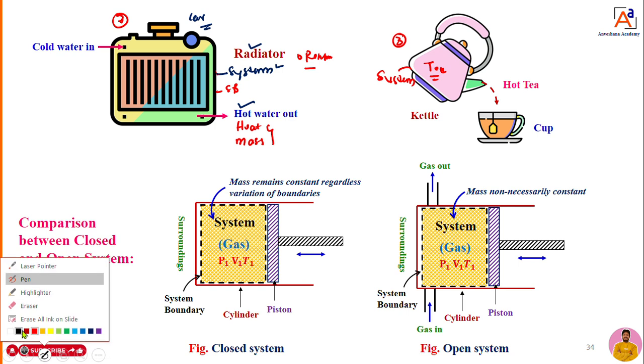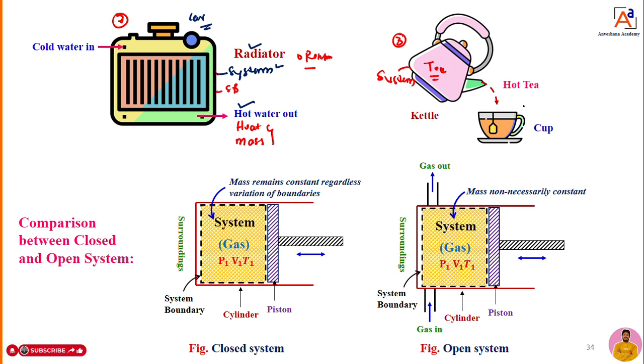Now whenever you pour hot tea into a cup, assume this is a system surrounded by a boundary. When you pour the tea into the cup, tea is coming out of the kettle, that is, out of the system. When hot tea is coming out, heat energy is transferring.